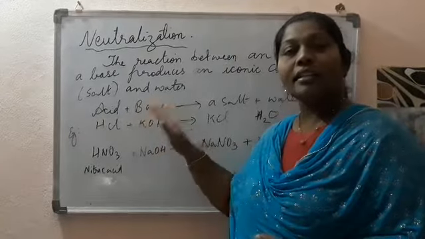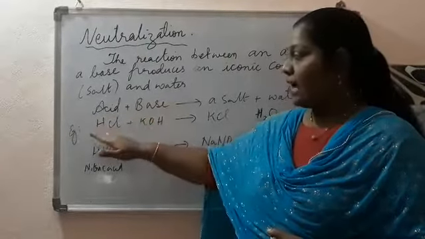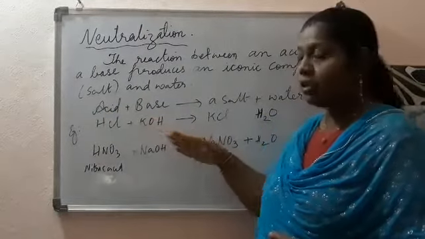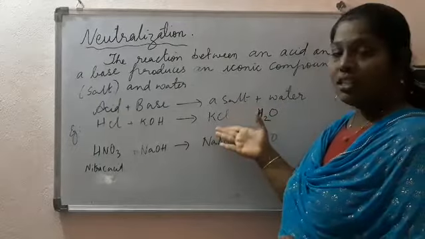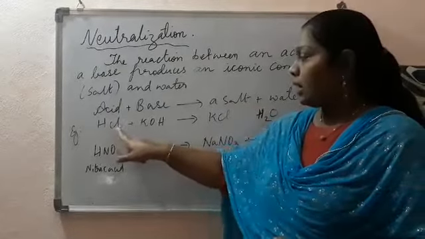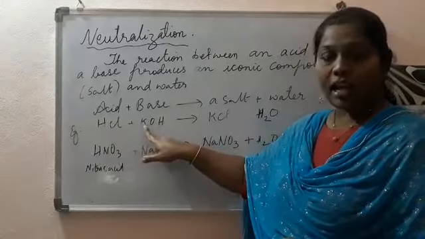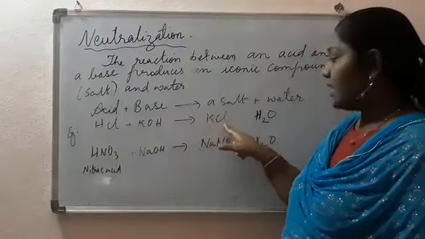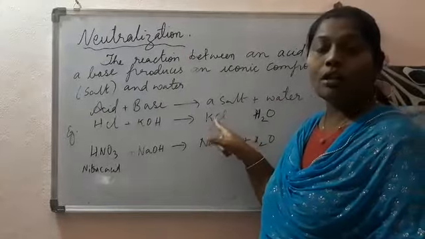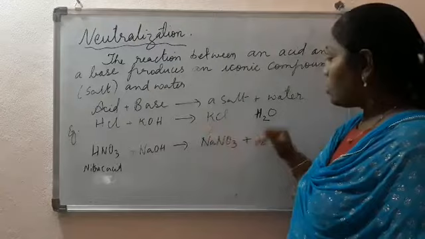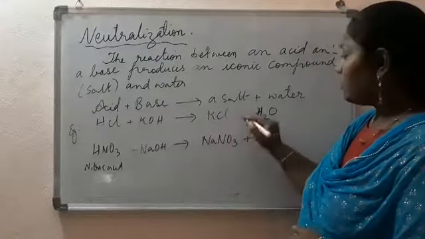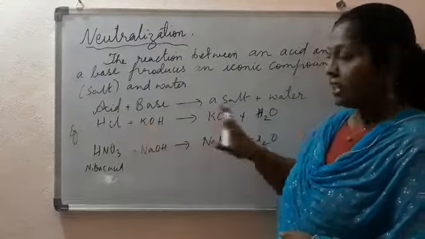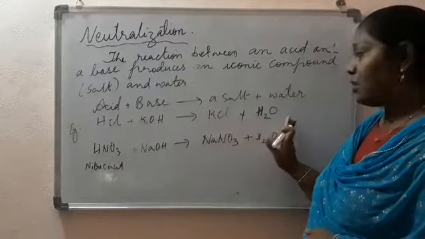Potassium hydroxide is a base. Okay, so when a hydrochloric acid is reacted with potassium hydroxide, what is formed? A salt is formed. Here, the chloride is reacted with the potassium and formed as potassium chloride. KCl is the formula for potassium chloride, and also the byproduct is water. Okay children, so here an acid reacting with a base giving rise to salt and water.